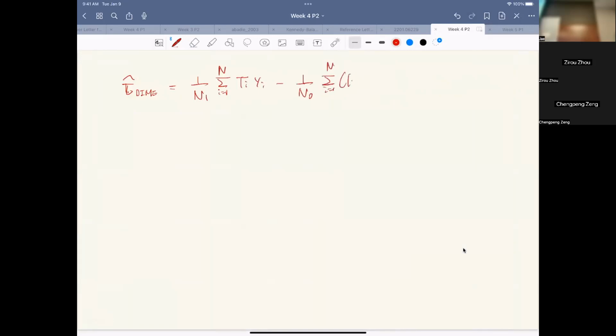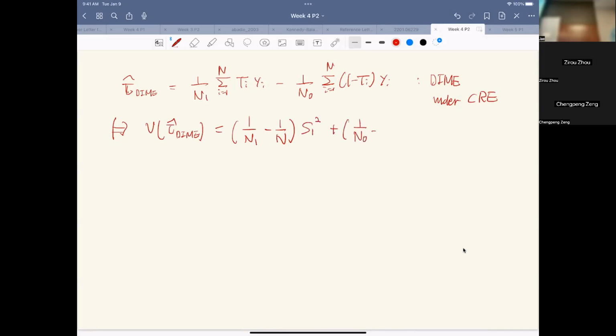So this is the point estimator under the completely randomized experiment, and the variance of it is (1 over n1 minus 1 over n) S1 squared plus (1 over n0 minus 1 over n) S0 squared minus 2 covariance.